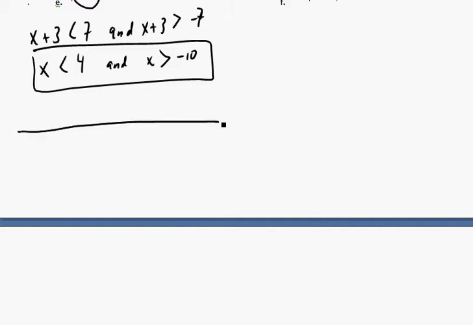And if we graph those solutions on a number line, I'll put down -4 and 10. We want x to be greater than -4, which would be these values to the right of 4. And we want x to be, I'm sorry, I made a mistake here. Let me correct that. Let me try again. -10 and 4.